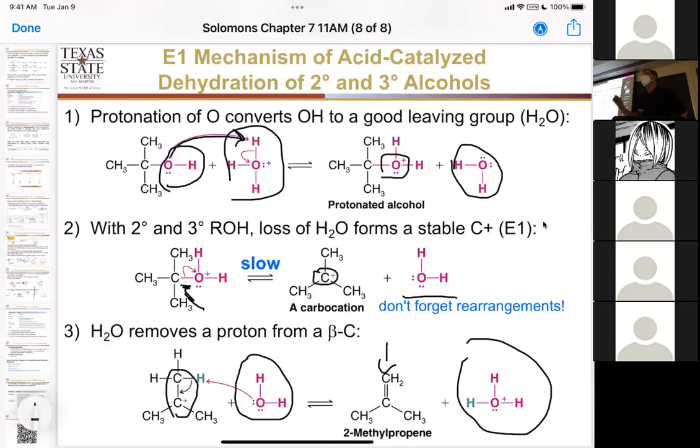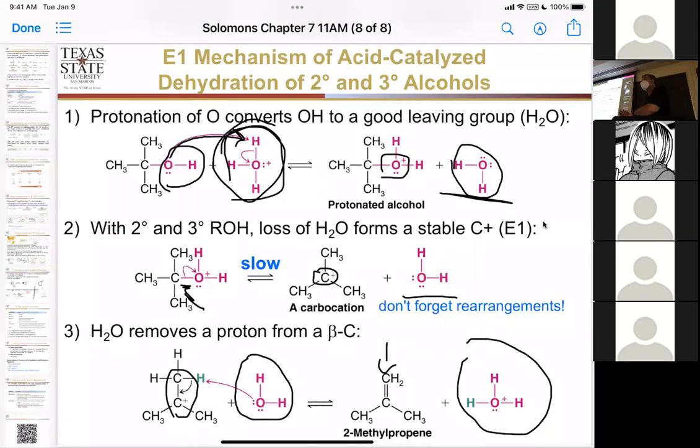And the water that we created after protonating the alcohol became our base. These are really cool reactions because you just need a drop of acid and a little bit of water in there, and you can get this reaction to continue to go, generating your alkene and the same amount of acid. Questions on that? Okay, so basically we're taking an OH, which would be a horrible leaving group by itself.